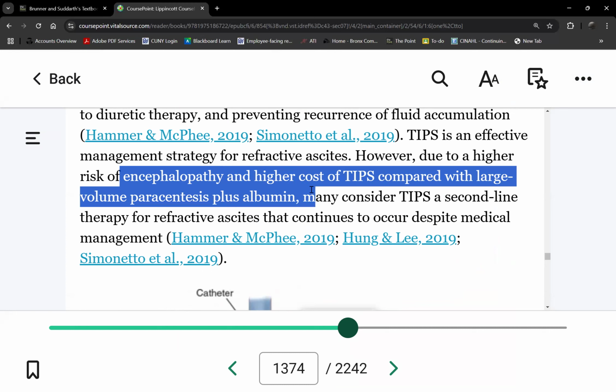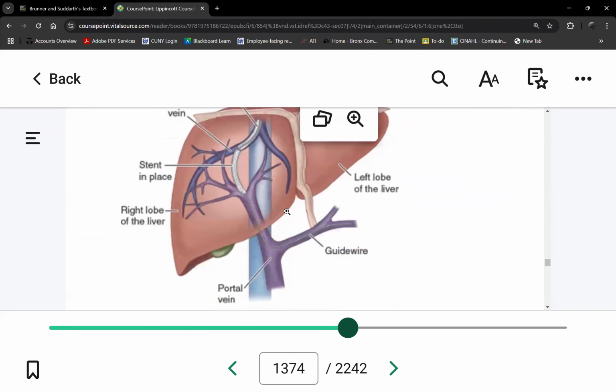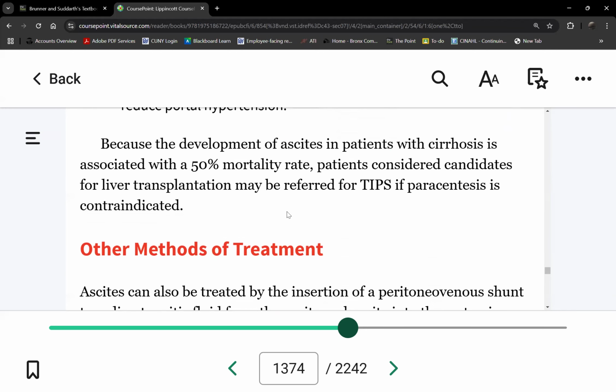Okay, so it will worsen the ammonia levels, increasing the risk of the development of encephalopathy. So after TIPS, the patient will be given treatment for ammonia excretion. So we'll discuss that on the next page.